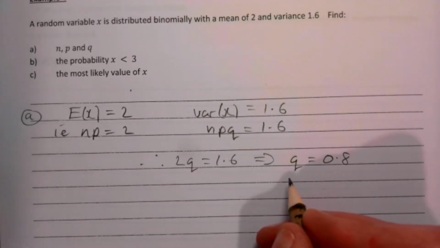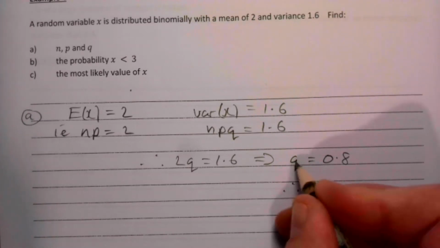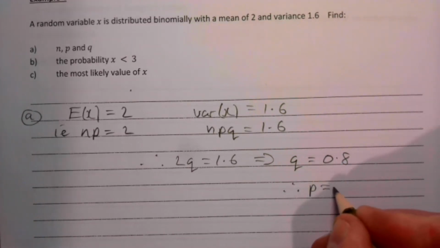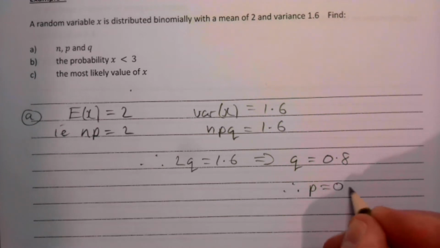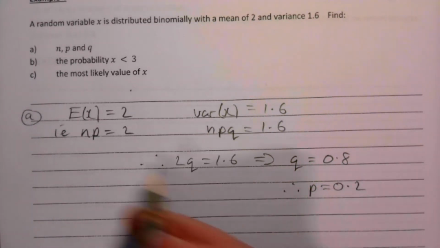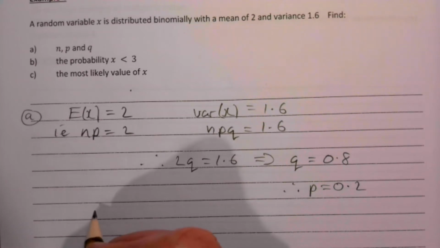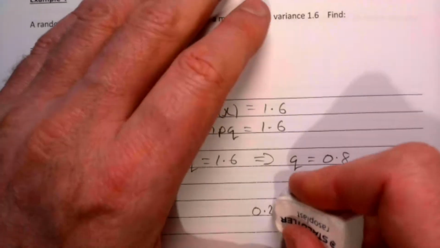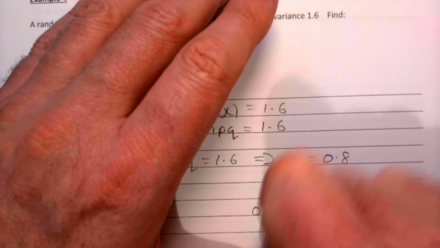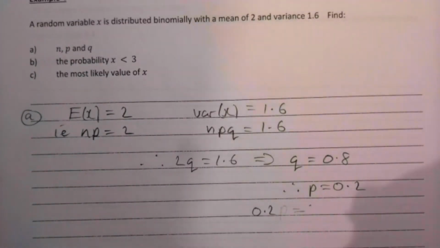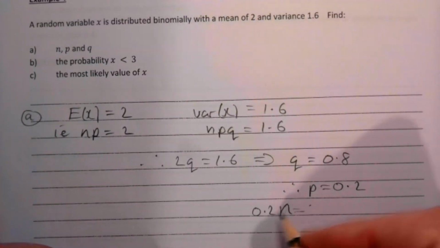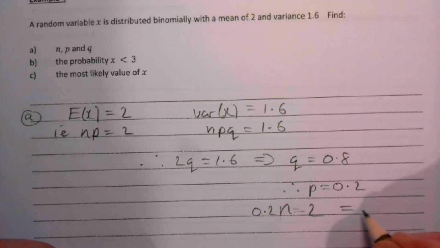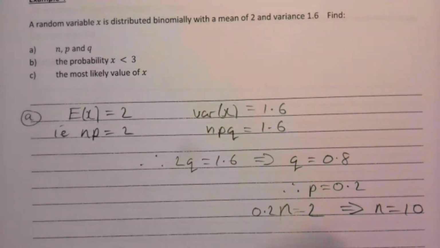If q is 0.8, p and q must add to 1, so p then is 0.2, and sub it back in here, so that means 0.2n is 2, so that gives me that n is 10. So I have my values.